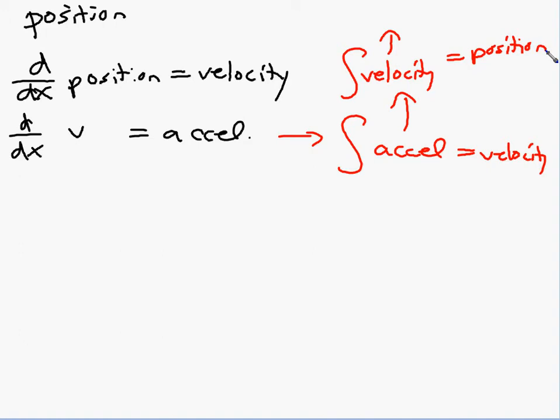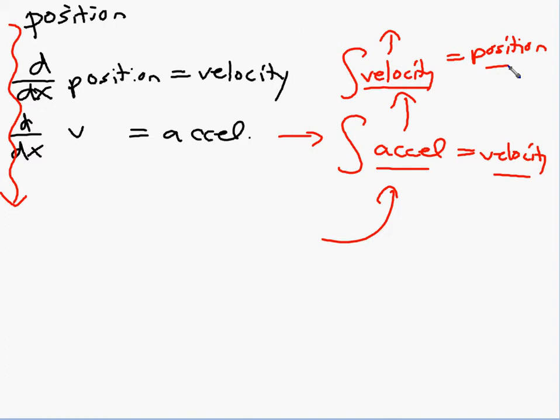It's very important to keep in mind the relationship between going forward, taking derivatives, and going back this way, integrating. If I integrate acceleration, I get velocity. If I integrate velocity, I get position.